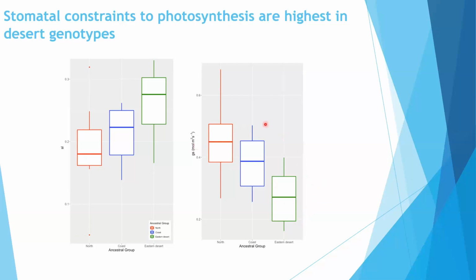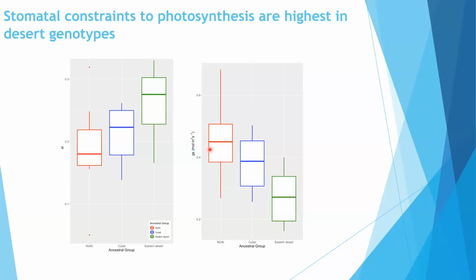The other thing we were really interested to see was very obvious patterns of stomatal constraints to photosynthesis. In this graph you'll see stomatal conductance to water, which is essentially a measure of the rate at which water is leaving the stomata, and that's proportional to how open they are. In a dry environment, you would expect stomatal conductance to be lower because there's less water available, so the plant wants to conserve it.